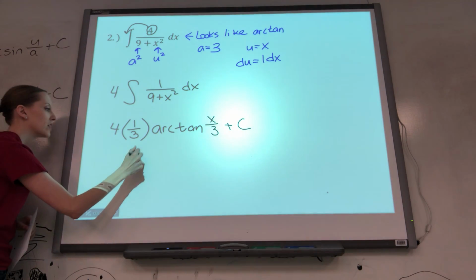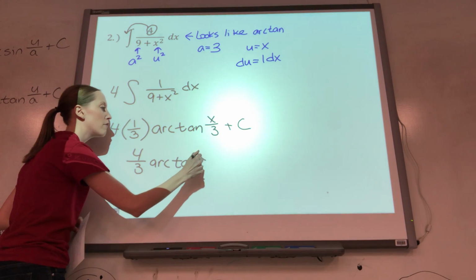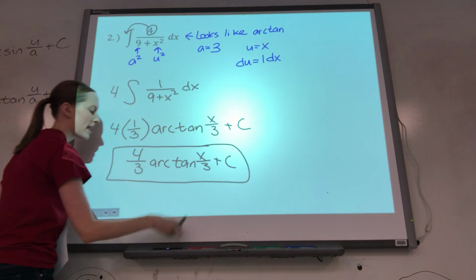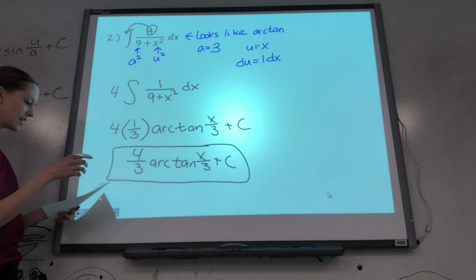Now I need to make that look better. 4 times 1/3 would just be 4/3 arctan of x over 3 plus c. Any questions so far? Say these aren't too bad. I'll keep on rolling here.